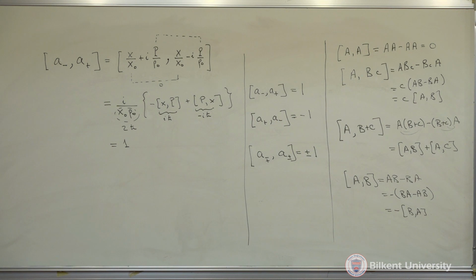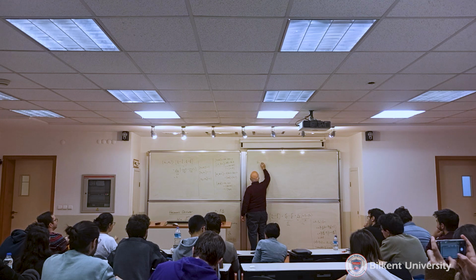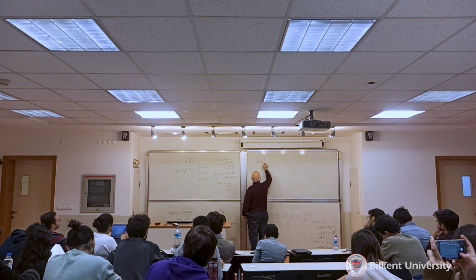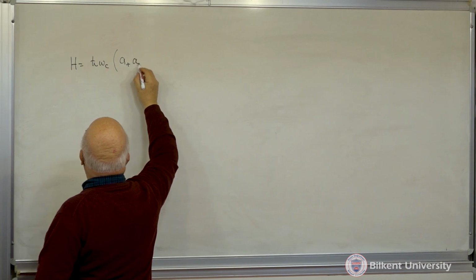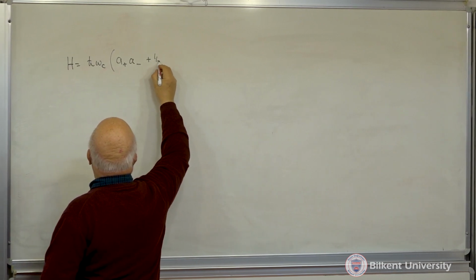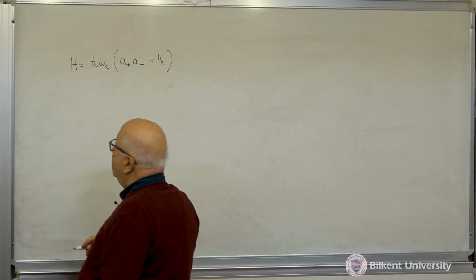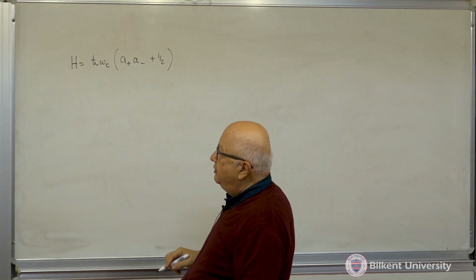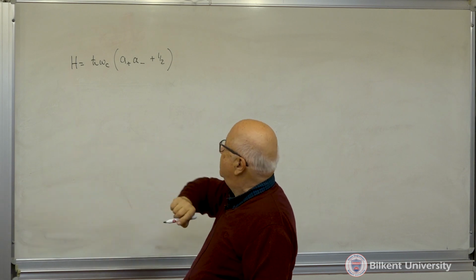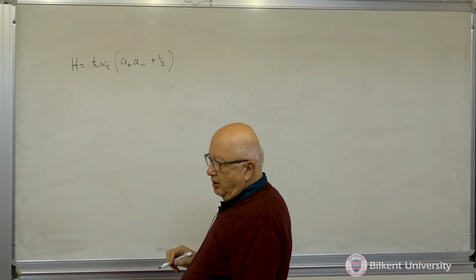We generated all this formalism, and we are going to now try to use it. So let me just put down my Hamiltonian. H is equal to h bar omega c, then a plus a minus plus a half. And I have this commutator a minus a plus is 1.